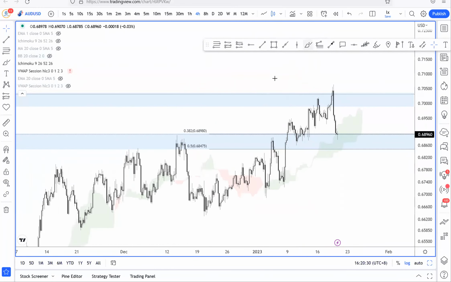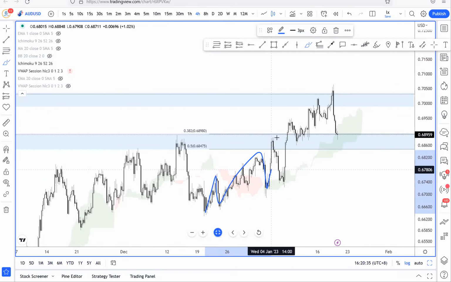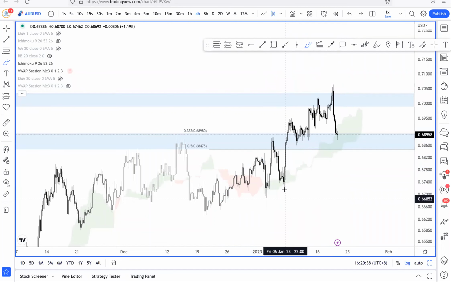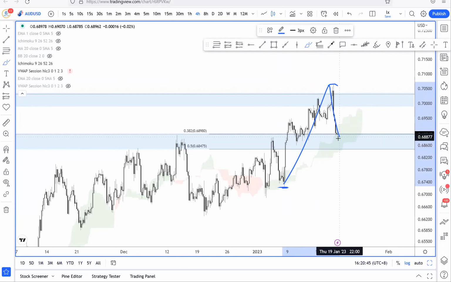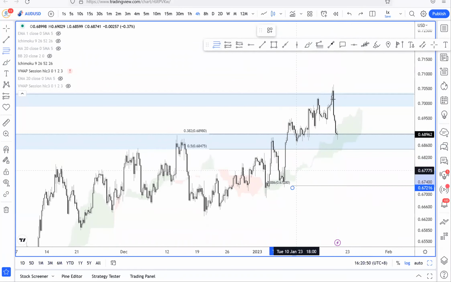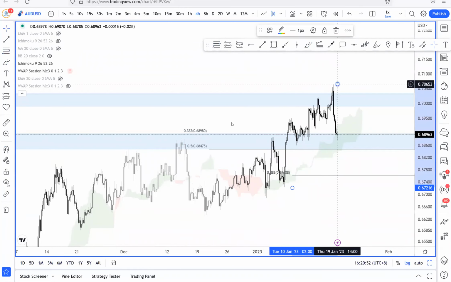If you're on the 4 hours, you can actually divide this movement. You can see that this is a whole push up here, so you can also take a Fibonacci retracement from this low and this high, because this is the last push that we have before that pullback. So this is one way you can take a retracement level, again starting from the low here to the high.